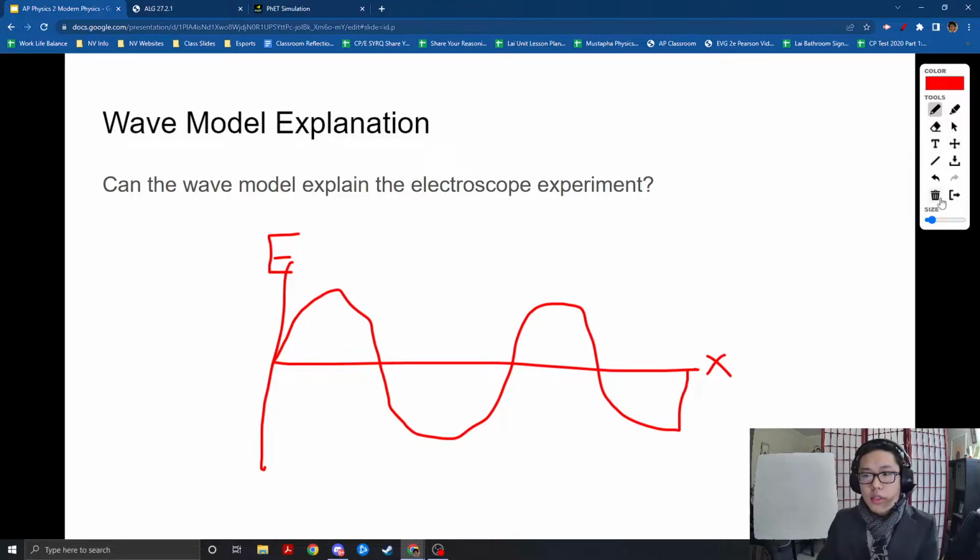So the amplitude of this wave that we see right here is actually the total amount of energy stored inside the light wave.